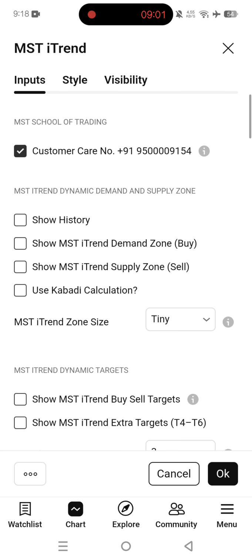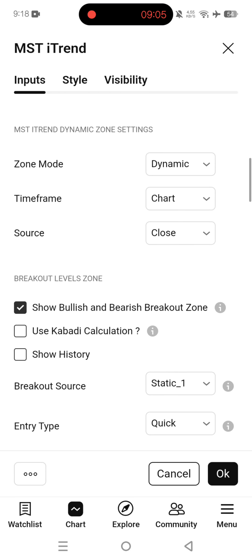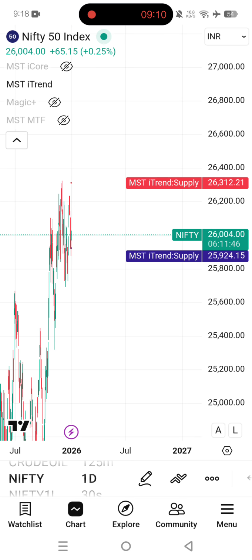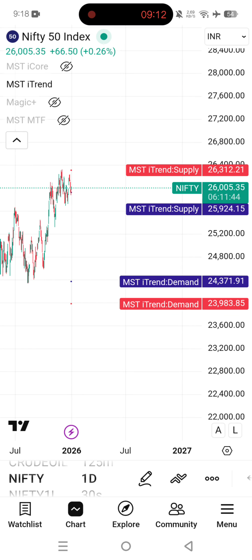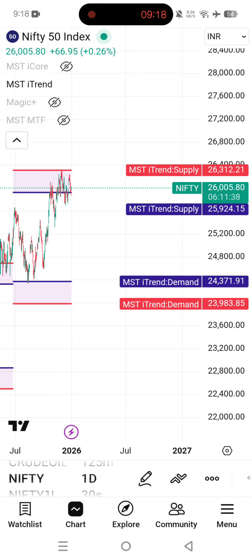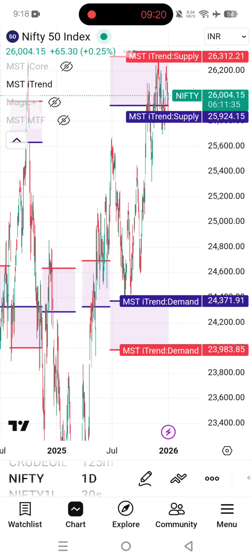I am just pressing the reset button and enabling the dynamic zone. Nothing else I am doing. Since I had disabled the history, it will not show everything. Now I have enabled the history option also, so now you can see the performance.